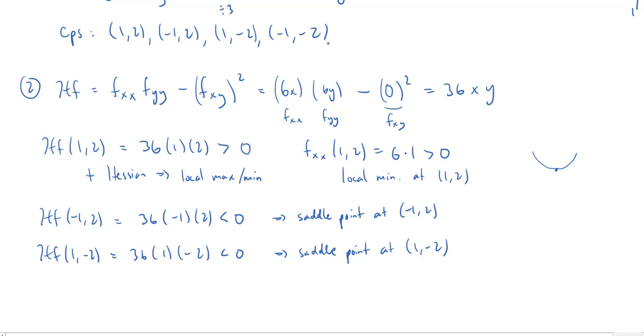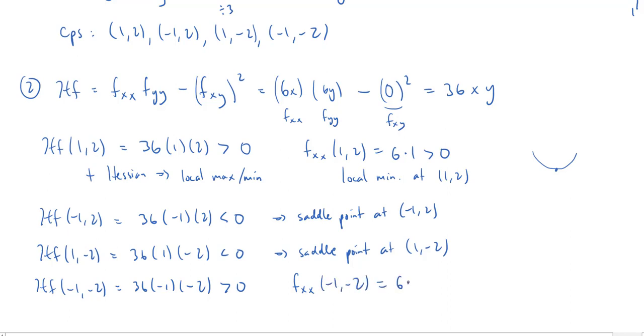Last critical point, negative 1, negative 2. I feel good we're not going to get a saddle point again, because now we have two negatives, so we're going to get a positive. A positive Hessian again implies we have a local max or min. So we check the concavity in the x direction, looking at the second partial derivative in x.